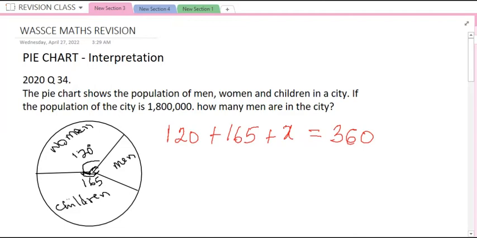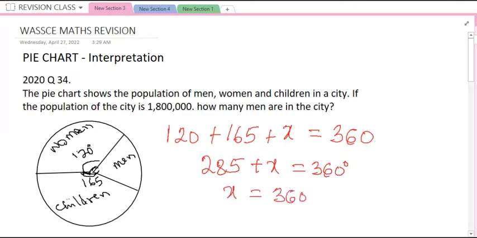So it means we can take the addition of this. So we have 285. That's 120 plus 165. Then plus X equals 360 degrees. So it means our X would be 360 degrees minus 285 degrees.